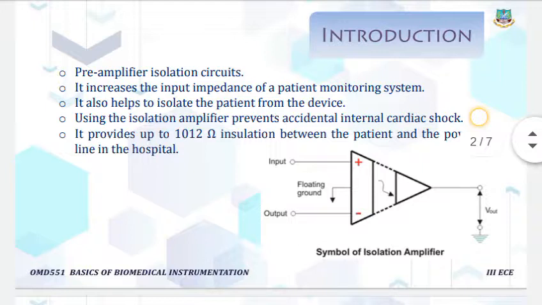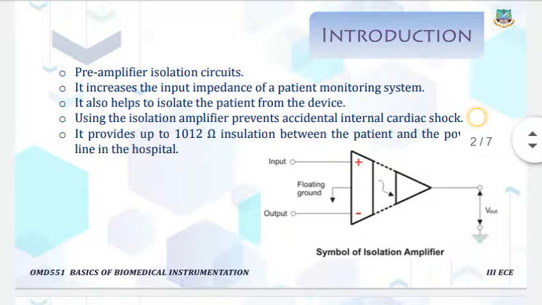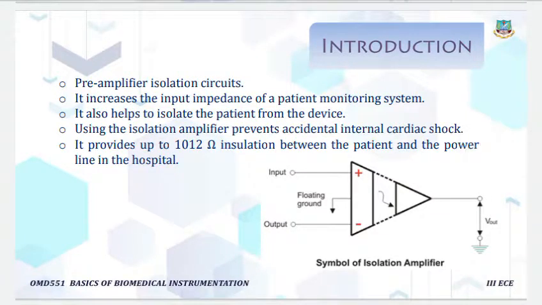It also helps to isolate the patient from the biomedical device that is connected. When we use these devices, there can be accidental internal cardiac shock. All of this is prevented by using the isolation amplifier.